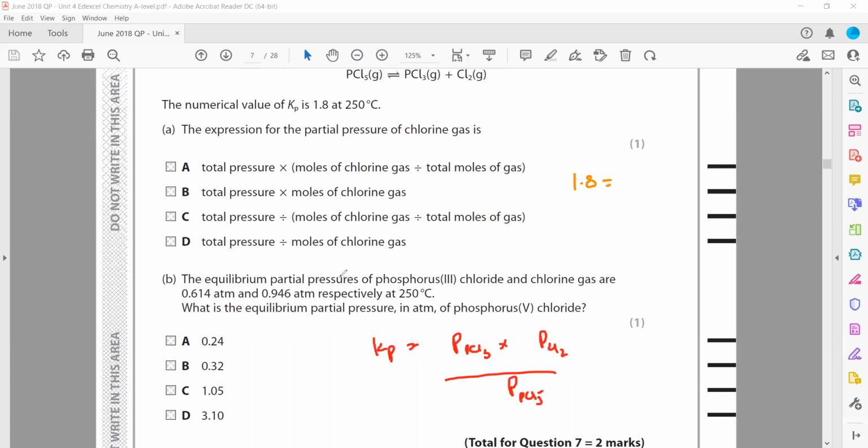The equilibrium partial pressure for phosphorus pentachloride is given as 0.614, the chlorine is 0.946, and this we want, x. So we cross multiply, and it will come out as 0.32. If we knew the total pressure, we could subtract the partial pressures to get the total, but we don't have the total pressure. That's why we are using the value for Kp.